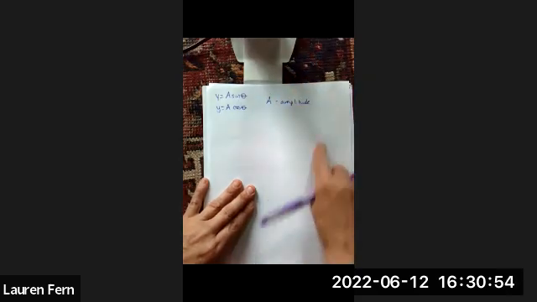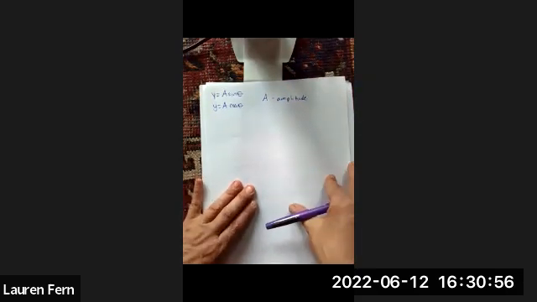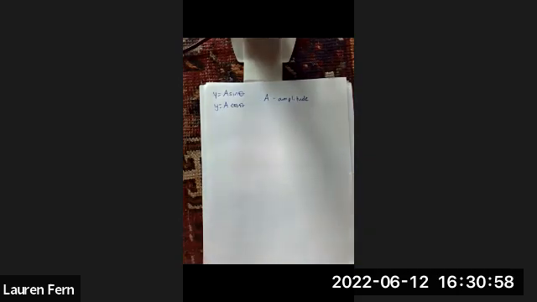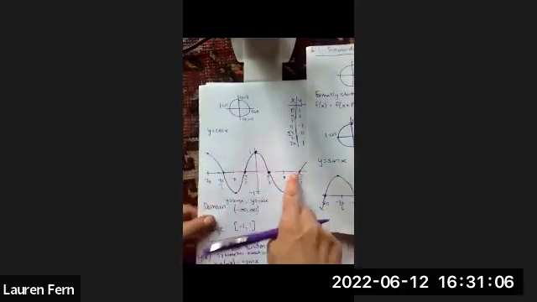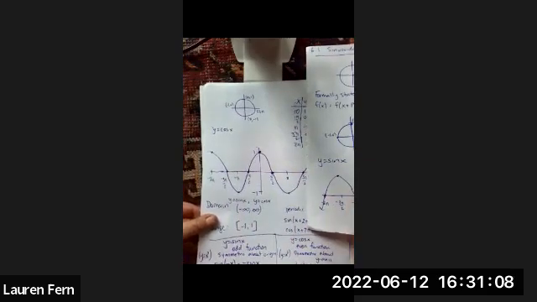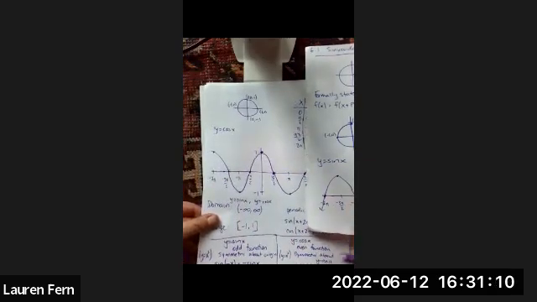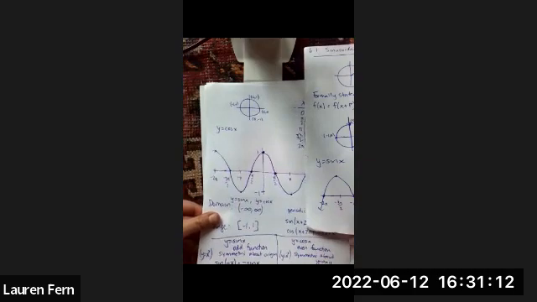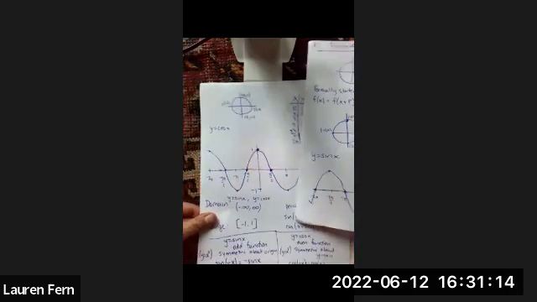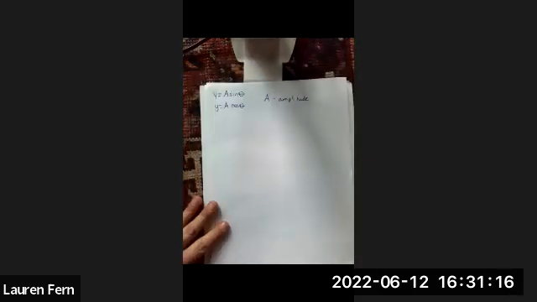That's how high or low it goes. Another thing that I want to point out is on any of these graphs that we've done thus far, notice we have a midline. Our midline is essentially the center value. And with our general sine and cosine, it's always equal to 0.